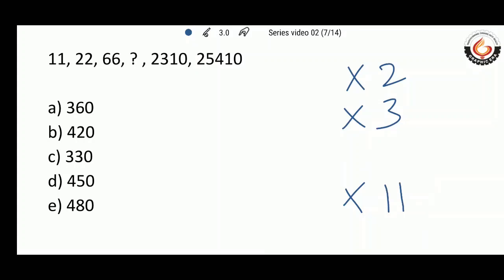Now there is no particular sequence. What I see is if I multiply by 5, what we get? 66 into 5, 330.